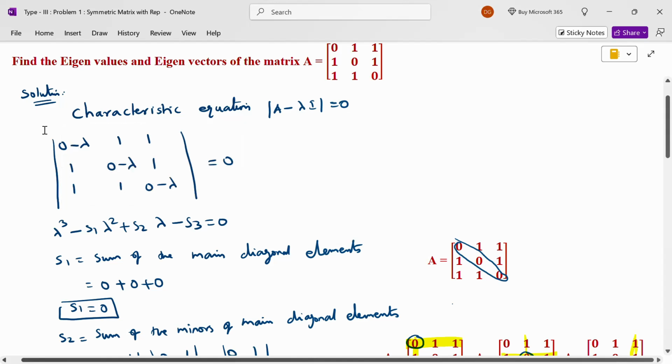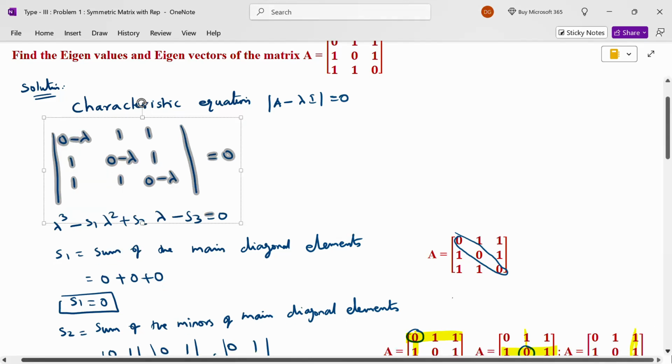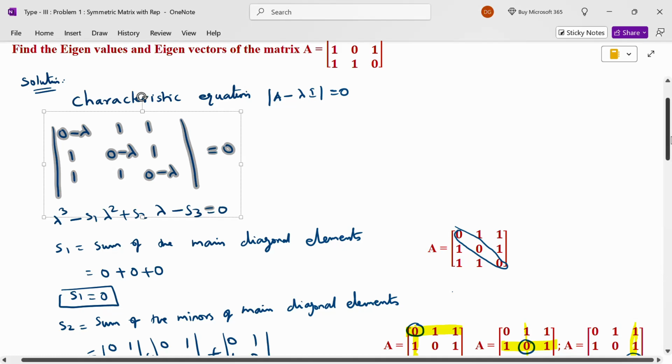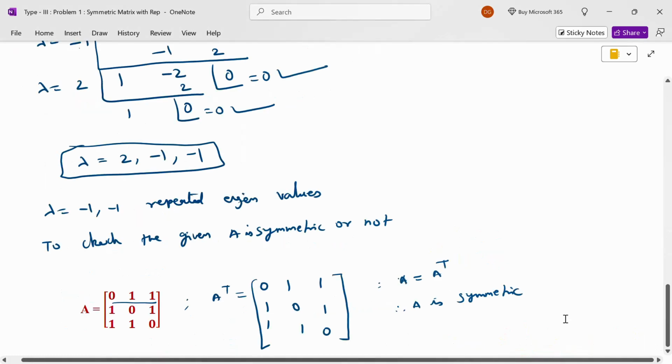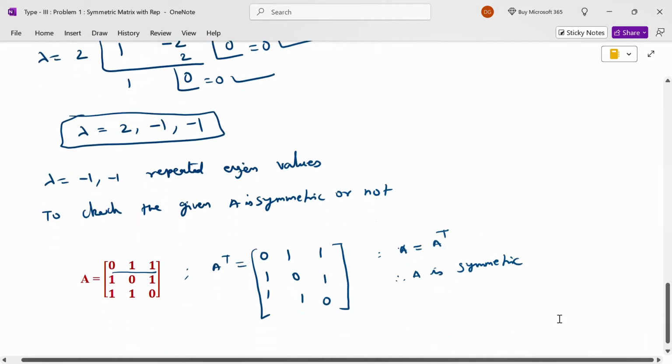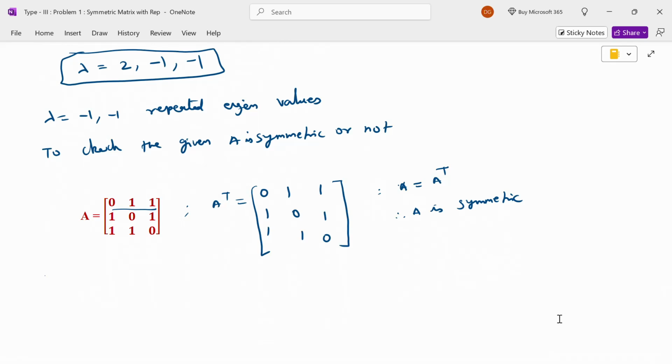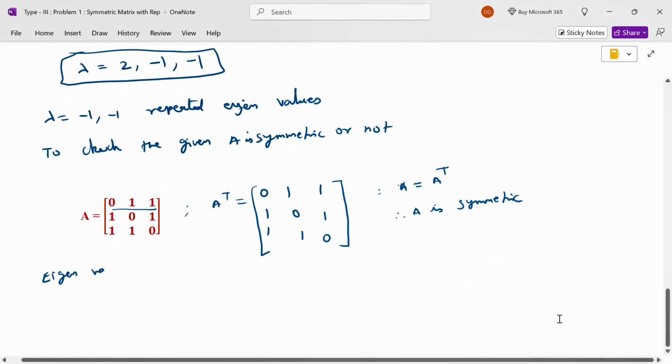So the eigenvector is nothing but A minus lambda I. To find the eigenvector, (A minus lambda I) times the matrix capital X is 0.